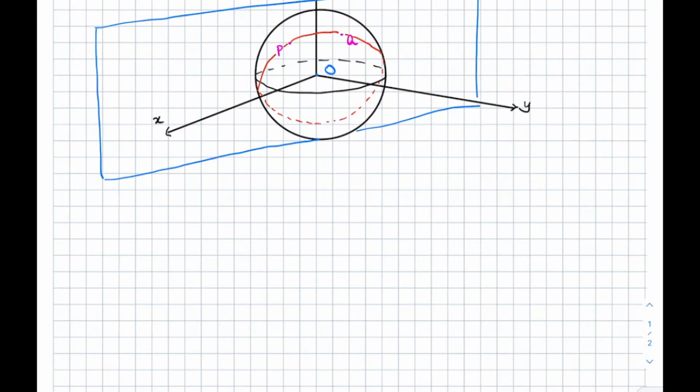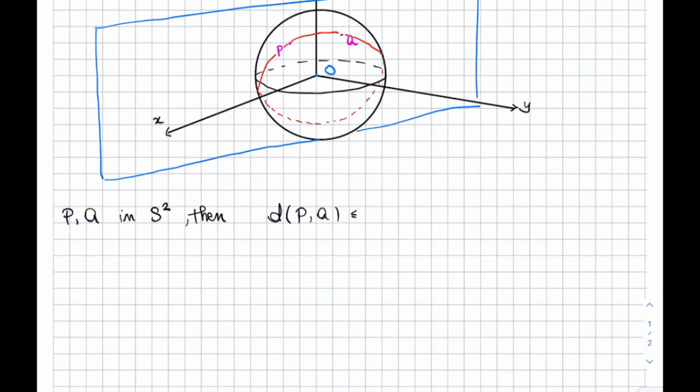Precisely, we want to prove that given P and Q in the sphere, then the distance computed using the first distance we defined between P and Q is always smaller or equal than the distance between P and Q defined using arc length, and the distance defined using arc length is always smaller or equal than 2 times the distance between P and Q using the distance inherited from R3.